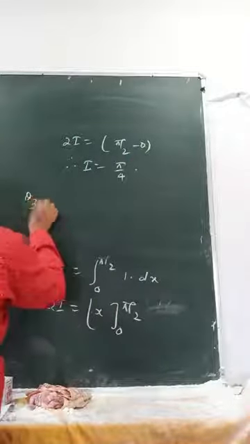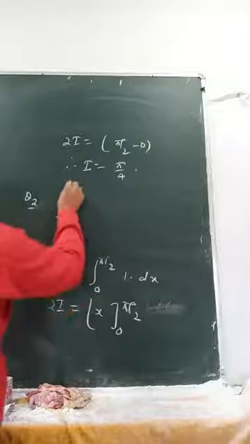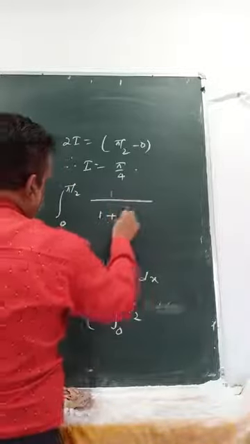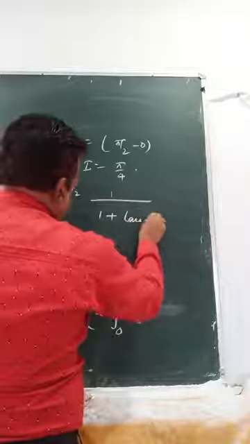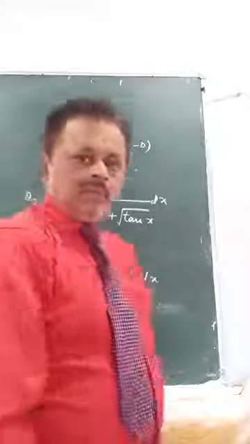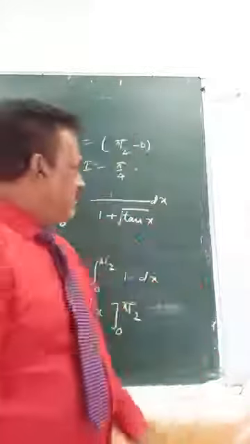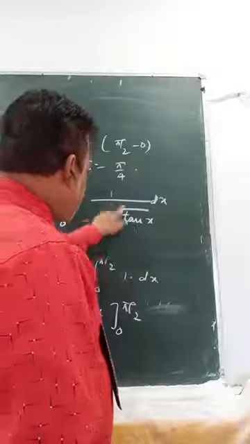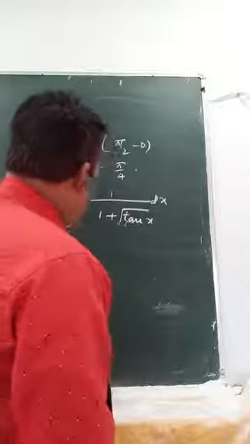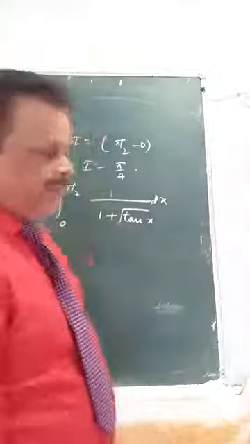Second, suppose I take a question: integral from 0 to pi by 2 of 1 by 1 plus root tan x. How to solve this? First we have to simplify it. Let's write it in the form of sin and cos.